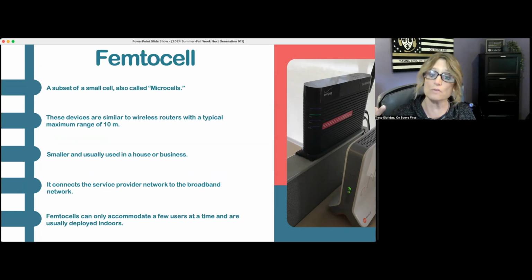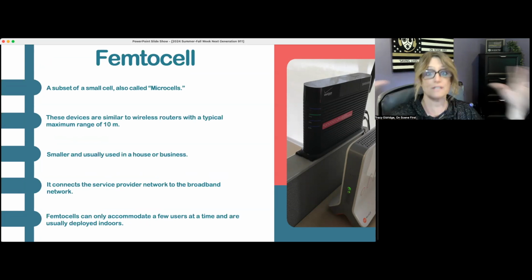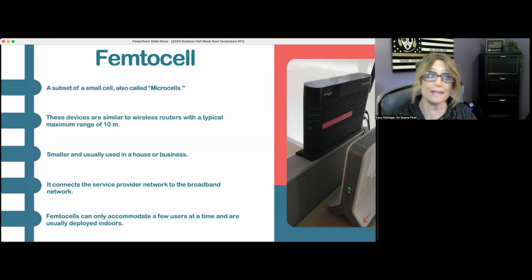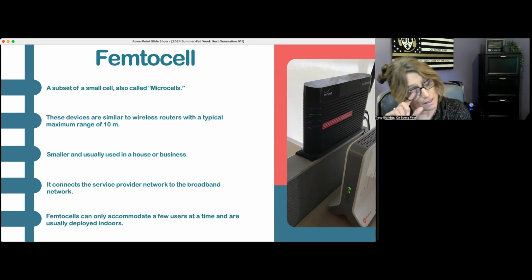And then the macro cells are the bigger towers that are strategically placed, rurally, all over the place, etc. But now we're going to go even smaller. And the femtocell, which is also called a microcell, much smaller. It's a subset of the small cell, but getting much smaller.